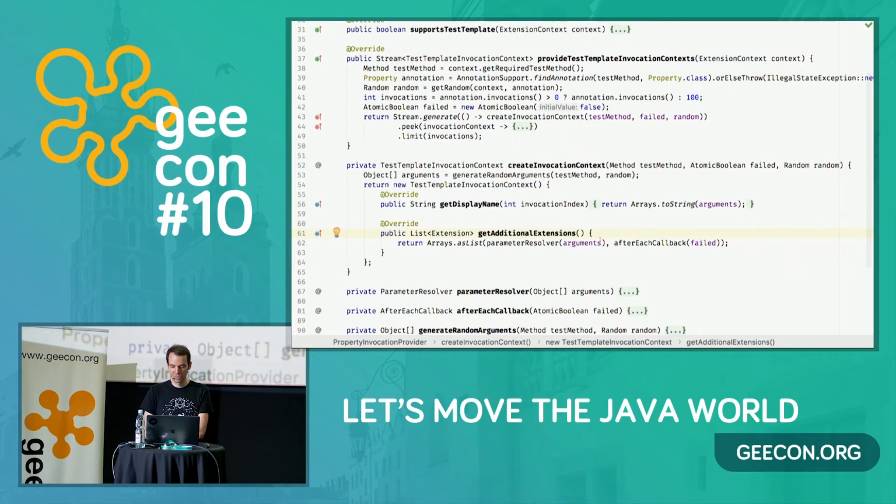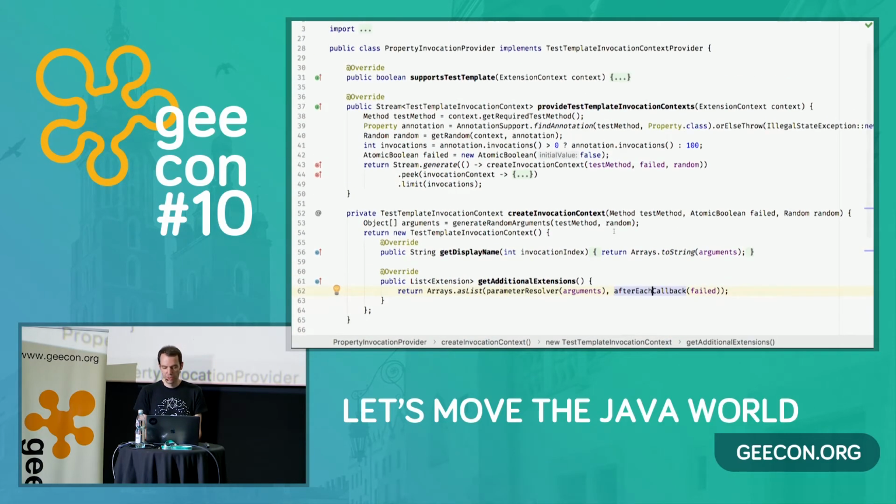In our case, we're just going to register an additional parameter resolver, which injects the random arguments that we've just generated. And an after-each callback, which checks if the test failed, in which case we should not continue. We're just going to stop after the first failed test.